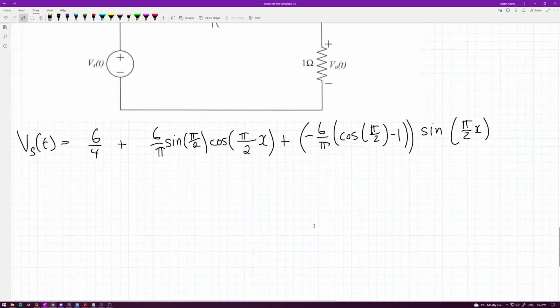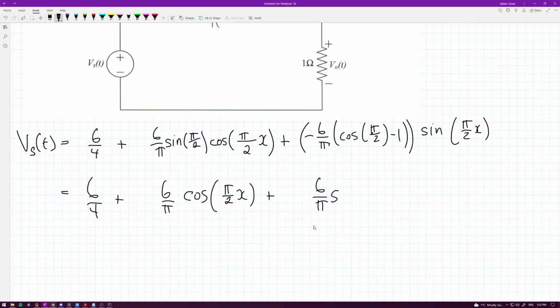Anyways, that is the function here. So sine of pi over 2 is, I have to remember, 1. So this is just 6 over 4 plus 6 over pi cosine pi over 2x. Cosine of pi over 2 is 0. So it's just 6 over pi sine of pi over 2x.